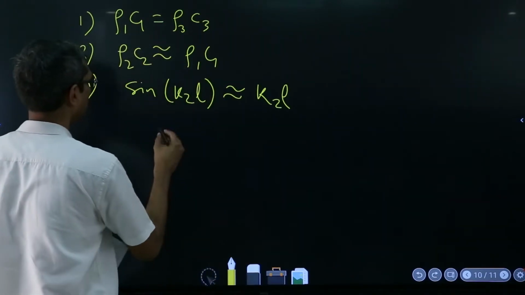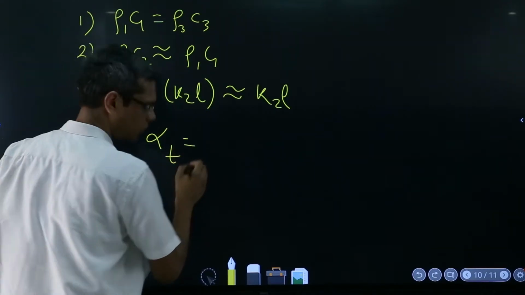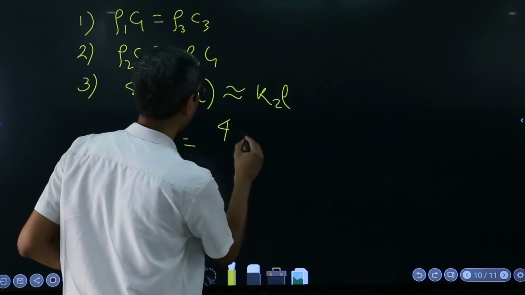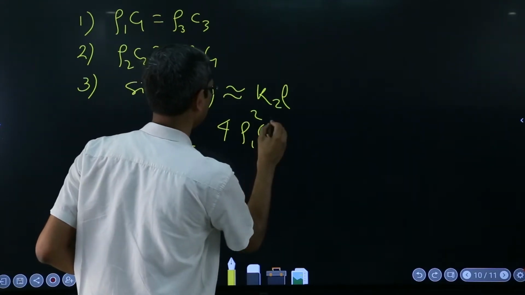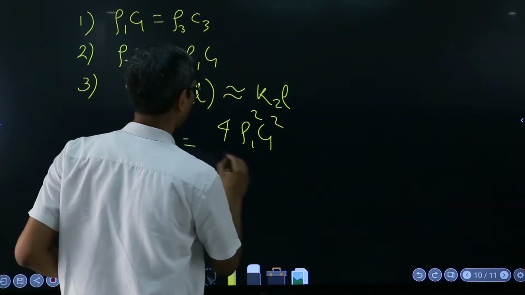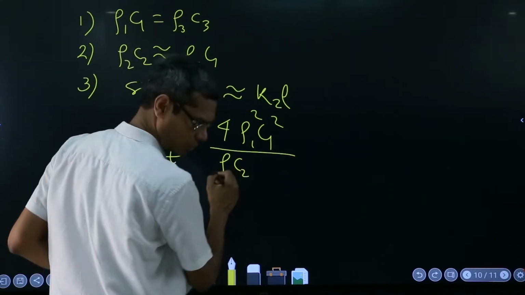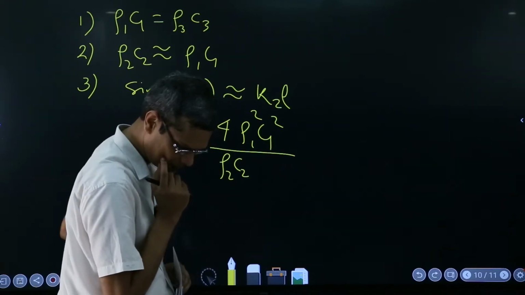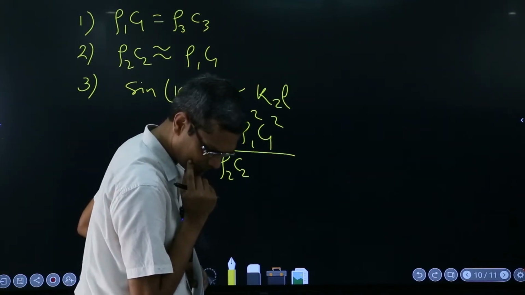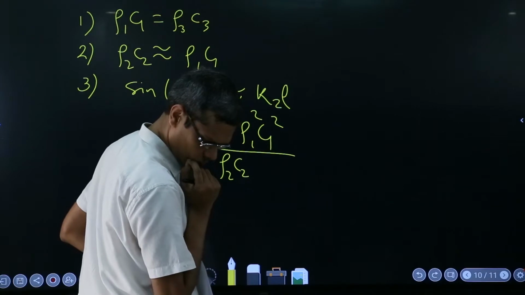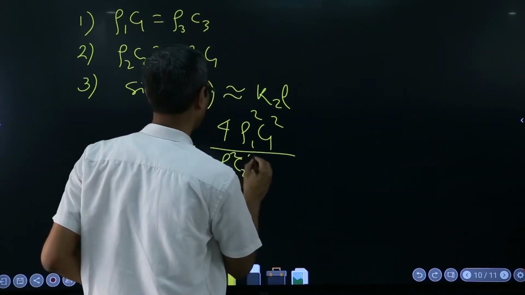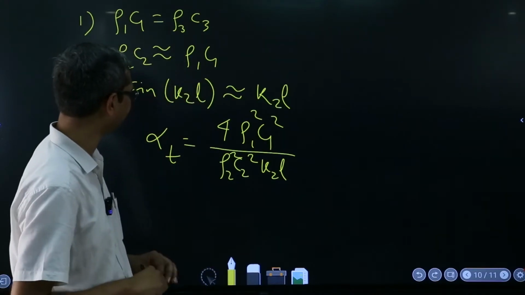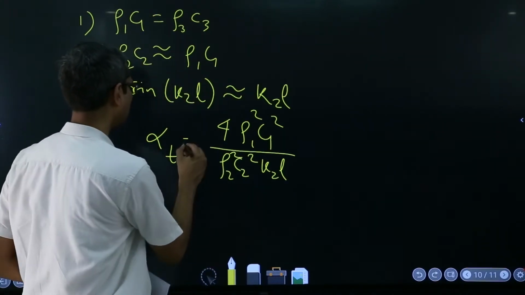So the expression was alpha t is 4 times rho 1 C1 squared by rho 2 C2 squared K2L. This is an approximate solution.